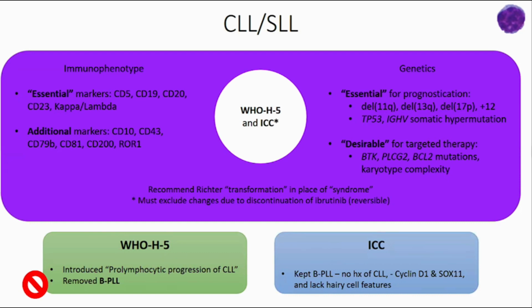In comparison, the ICC still regards B-PLL as an entity as long as there's no previous history of CLL to exclude CLL progressing to B-PLL, that cases are negative for cyclin D1 and SOX11 to exclude mantle cell, and that cases lack hairy surface projections, obviously to exclude hairy cell leukemia.